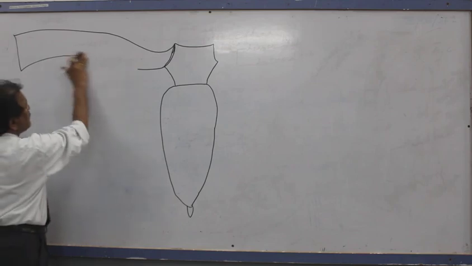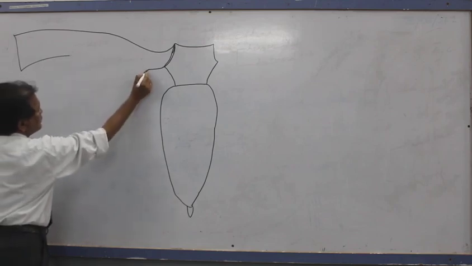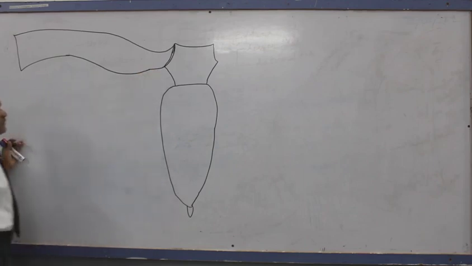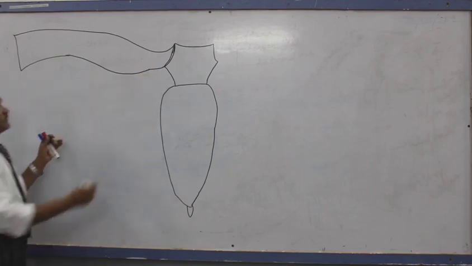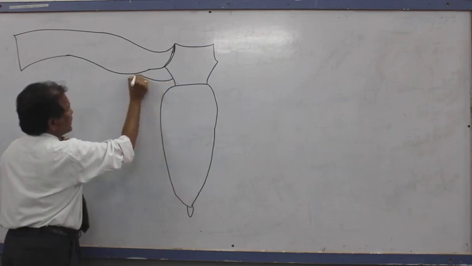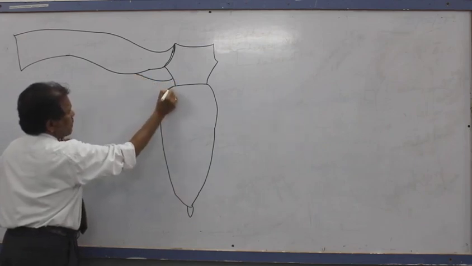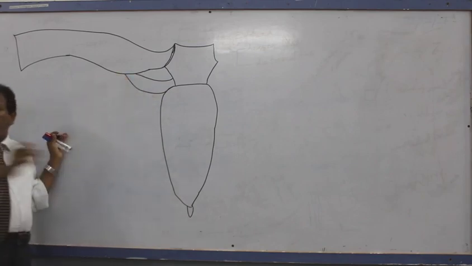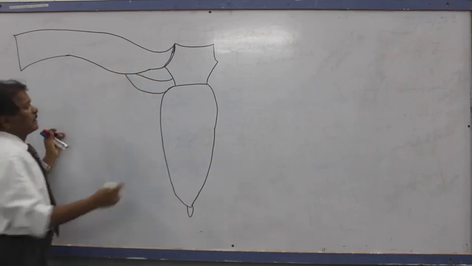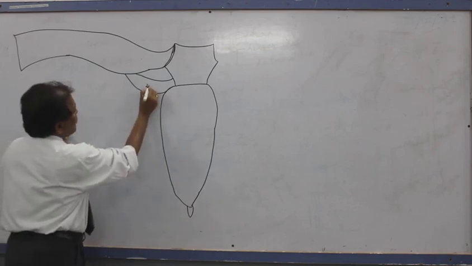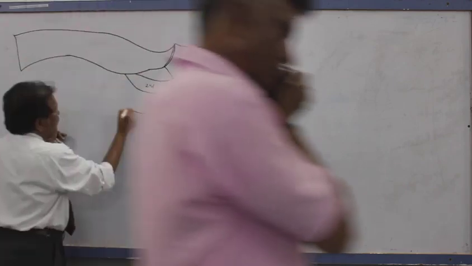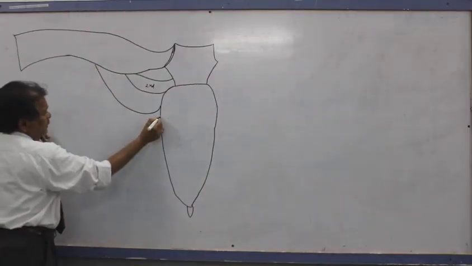And this one is the clavicle. And here there is the first rib, and here there is the attachment of the second rib. This is the second rib, and it is the third rib.